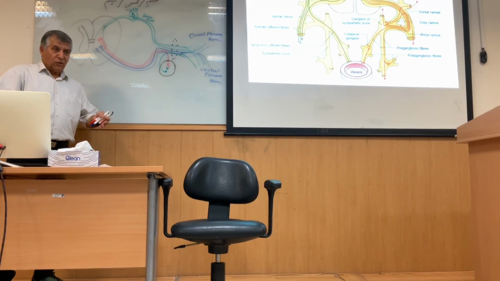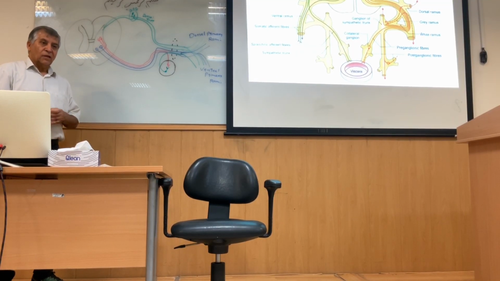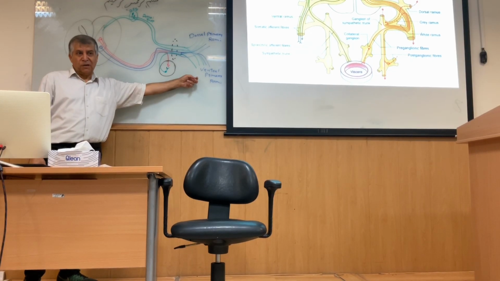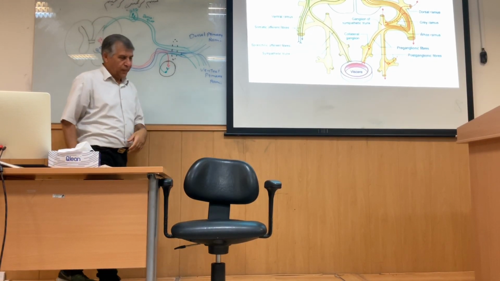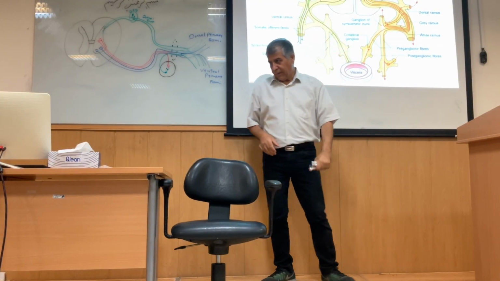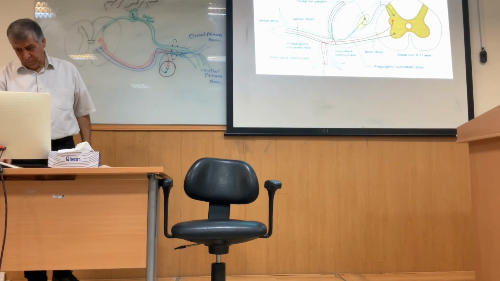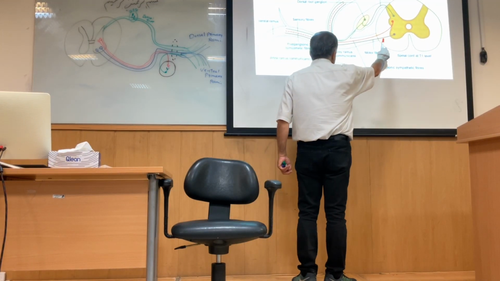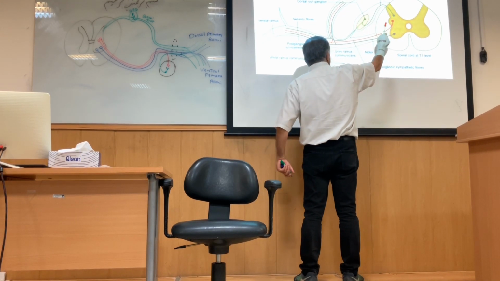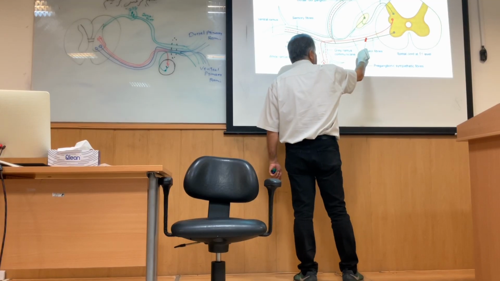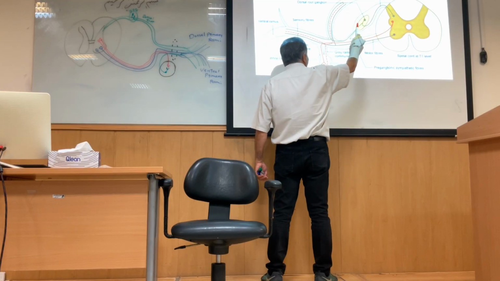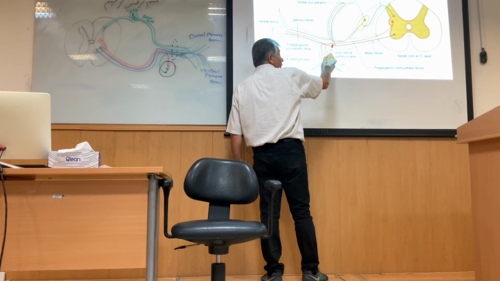From this point, when I speak about spinal nerves, my focus is on the ventral primary ramus. In this figure, we can see the dorsal root and ventral root. The dorsal root contains sensory fibers, and the ventral root contains motor fibers, which are visceral and somatic. All of them form the spinal nerve.